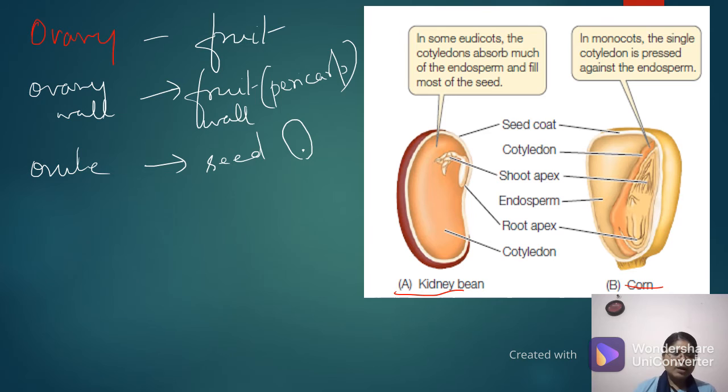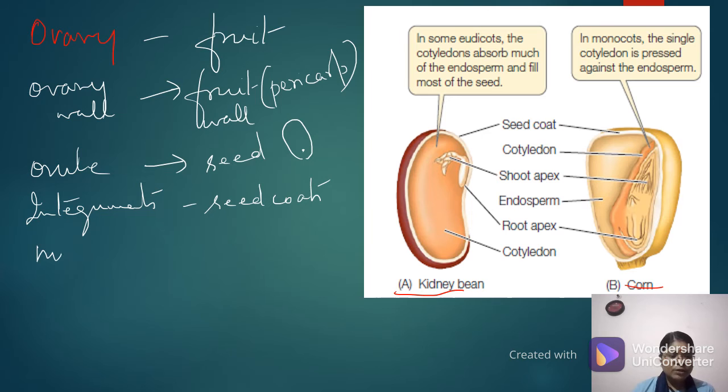The ovule changes into seed, and the integuments over the seeds change into the seed coat. Already I have told you about testa and tegmen.